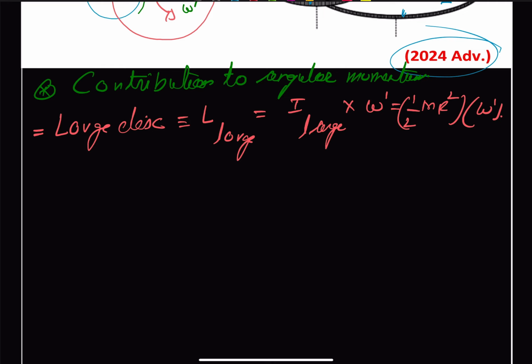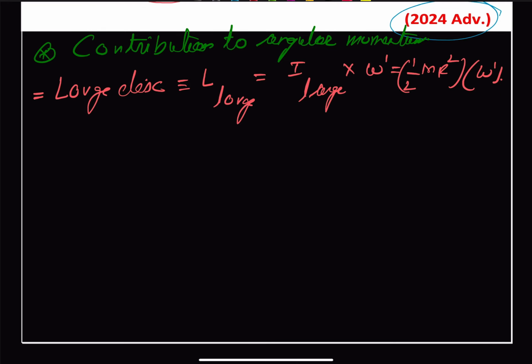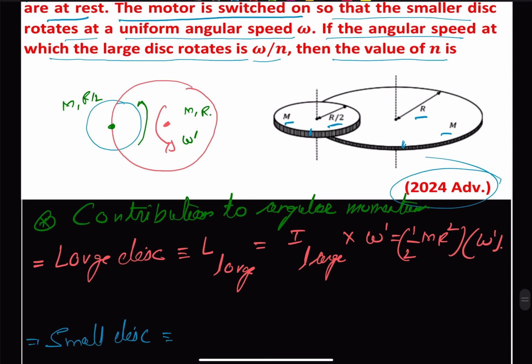And we have the smaller disk. It is rotating about its own axis, which is independent.